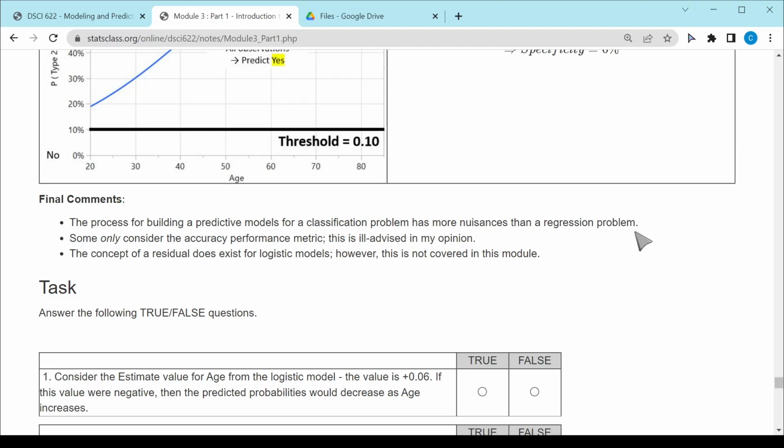The idea of just a single measure to best understand your predictions does not hold here for classification problems. Certainly accuracy is a good measure, but it's overly simplistic and should not be the only one that we consider when we're looking at doing logistic regressions. There is a concept of a residual or an error that exists for logistic models. However, this is not being covered in this module.